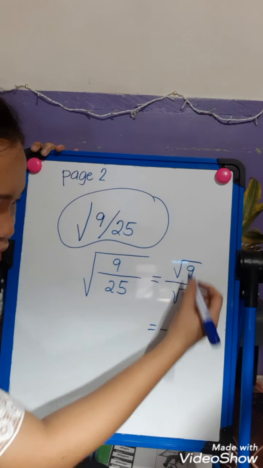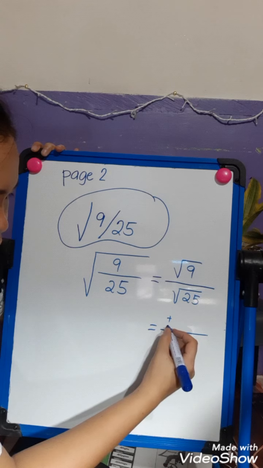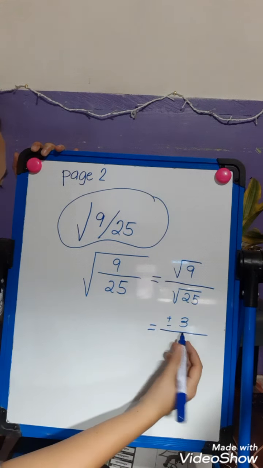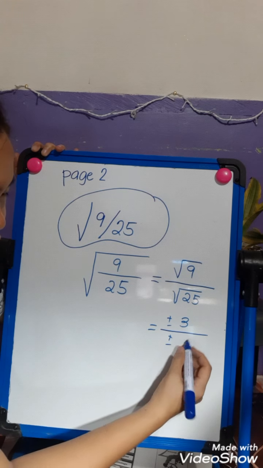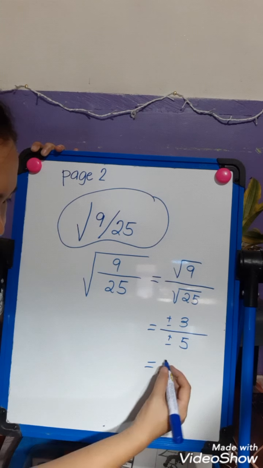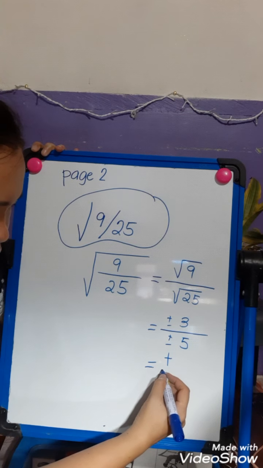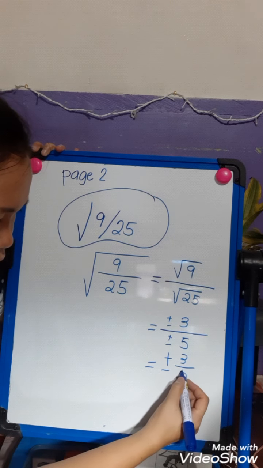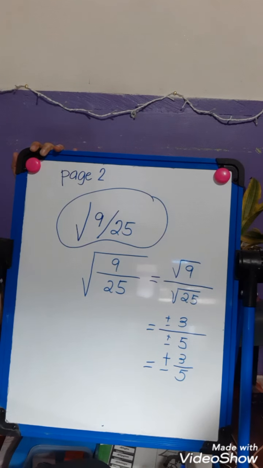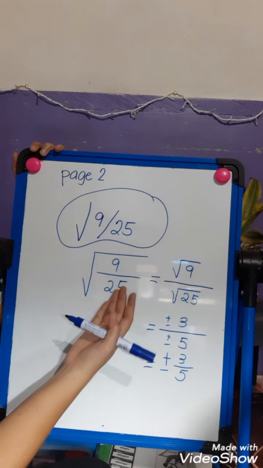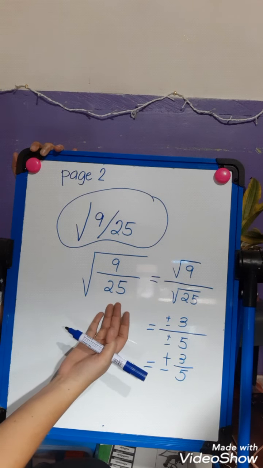So, the square root of 9 is positive and negative 3, and the square root of 25 is positive and negative 5. Or your final answer will be positive and negative 3/5. So that is the square root of 9 over 25.